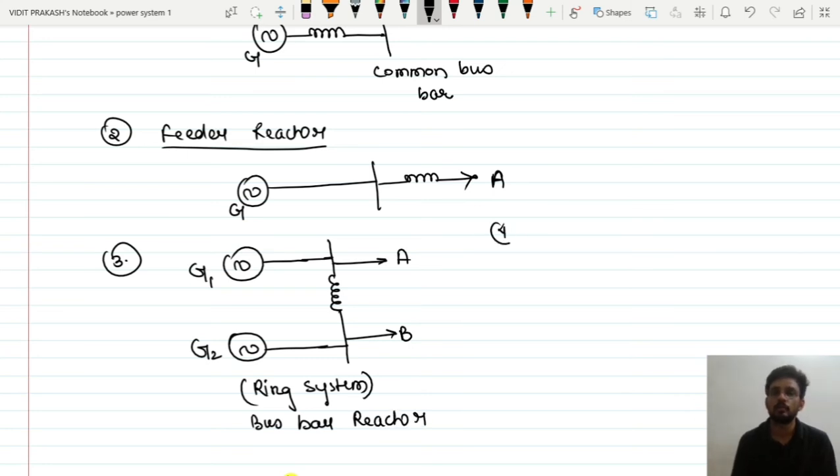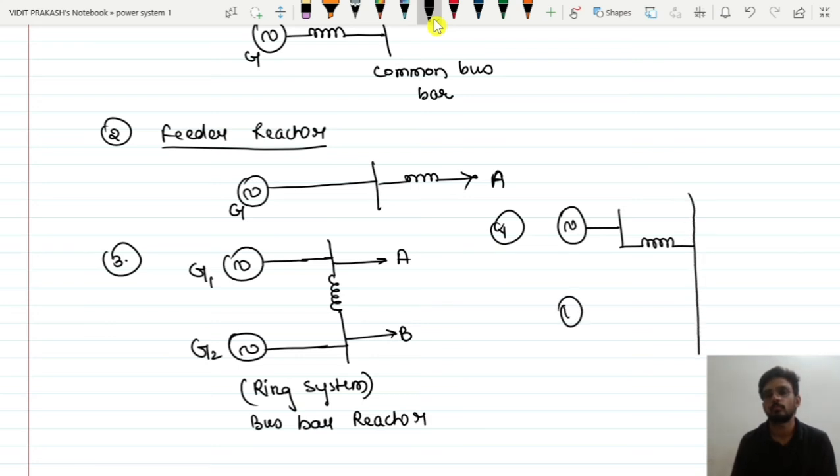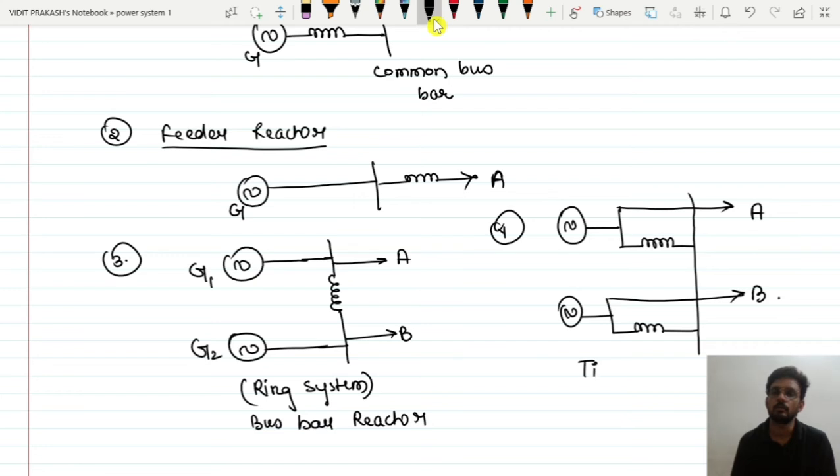And if you connect a reactor between the generator and the common bus bar, like this, and this should be given to feeders directly from the generator, then this reactor is called the tie bar system, or tie bar bus bar reactor.